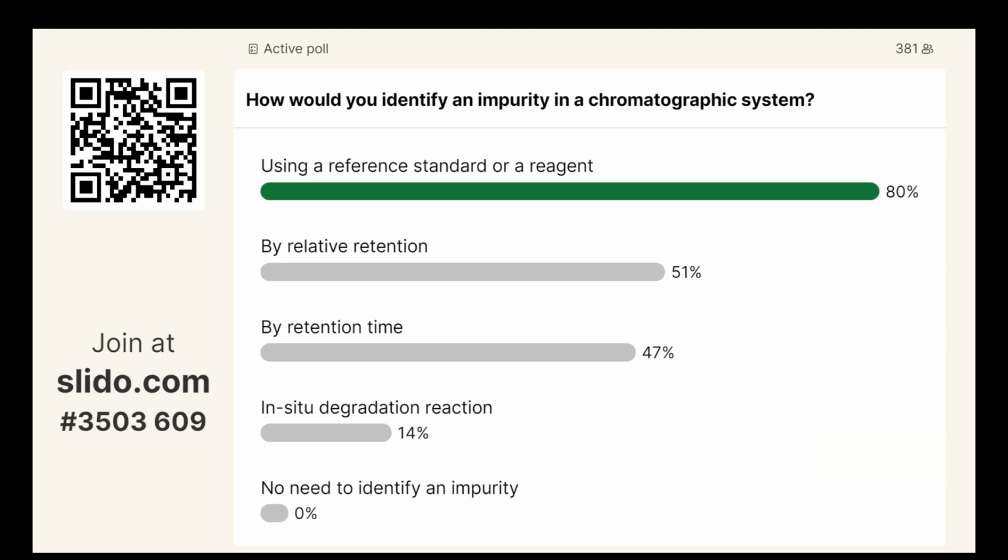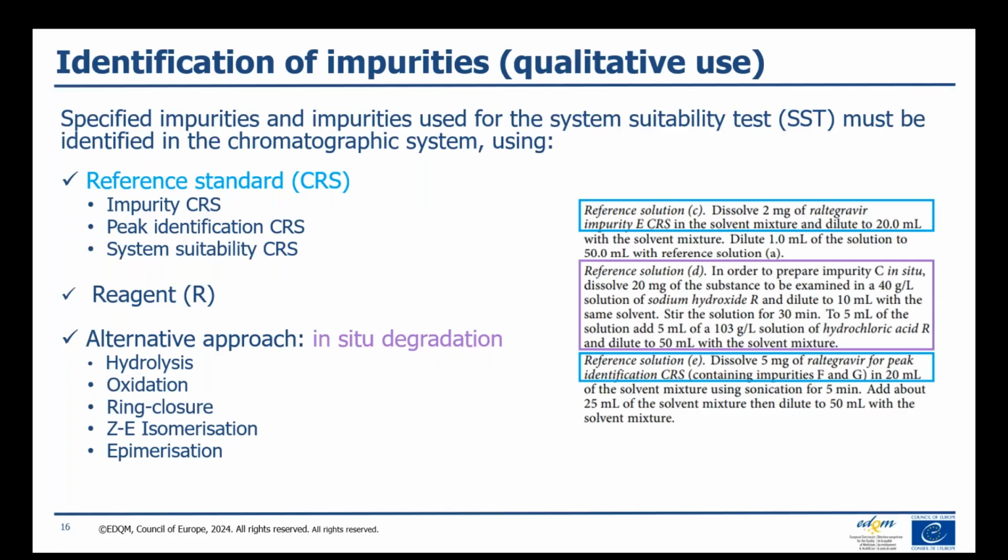As I said, in the European Pharmacopoeia monographs, we identify all impurities which are specified impurities and also all the impurities which are used for the system suitability test. Most of the time we use reference standards, which are called CRS, and there are different kinds of CRS available.